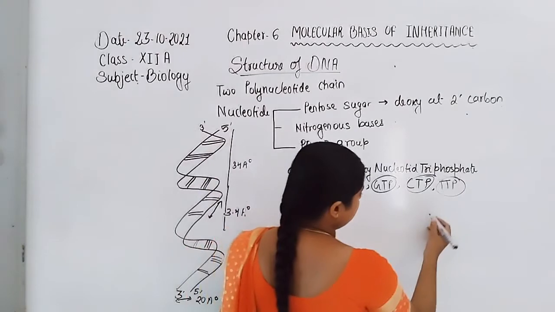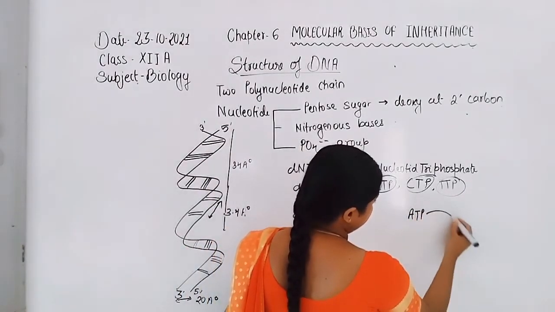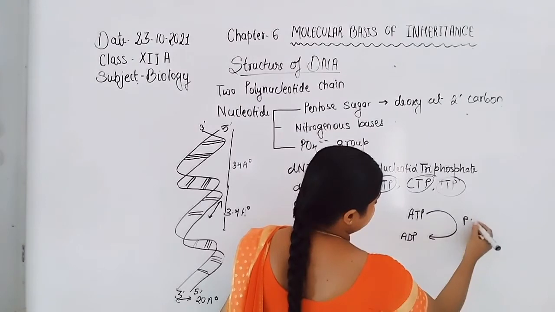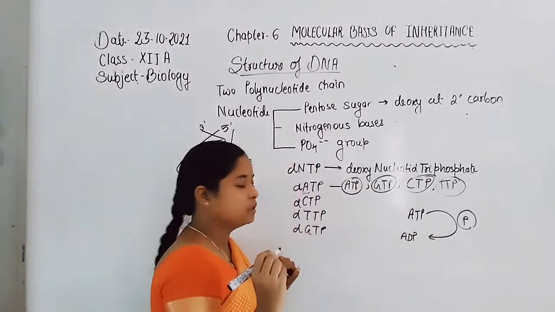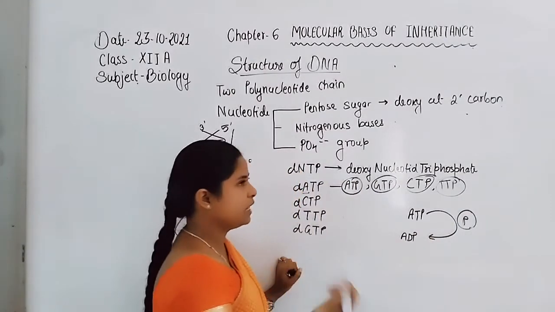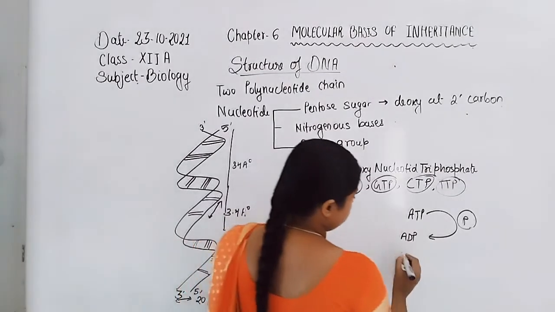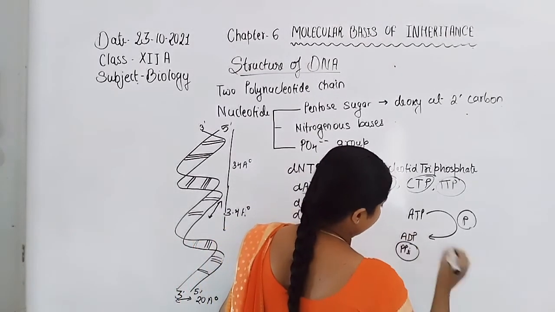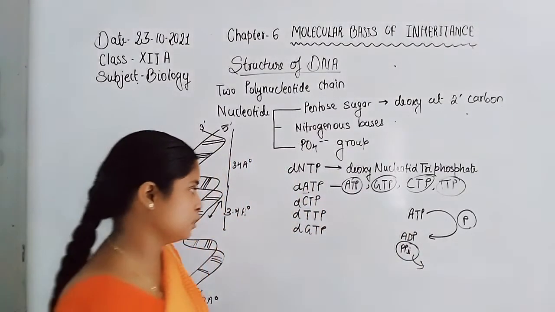If we take energy from ATP, it is released in the form of ADP. So one phosphate is used during any reaction as energy, and the two-phosphate inorganic phosphate is removed as such in the form of ADP, diphosphate.